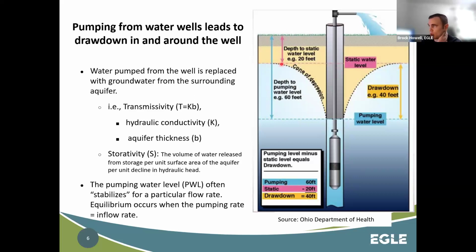So we take the 60 minus the 20 to find out how much we actually drew down, and that difference is our drawdown of 40 feet.